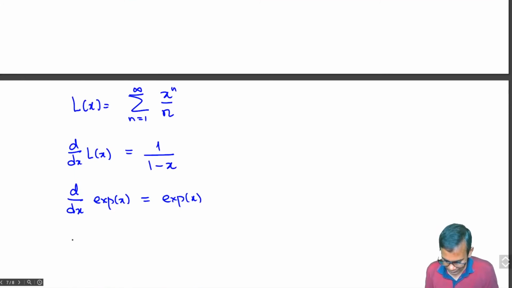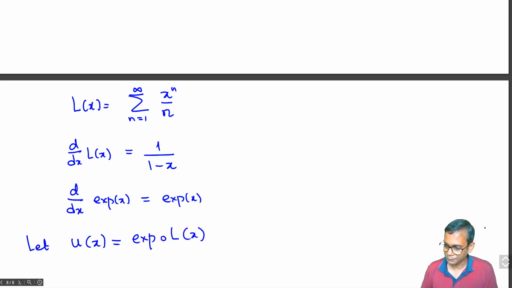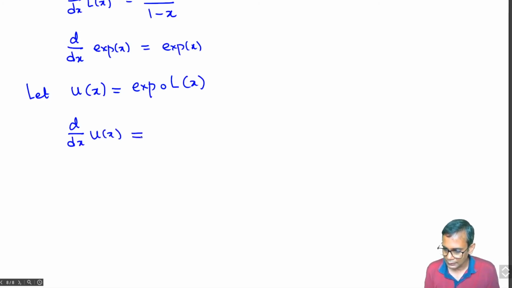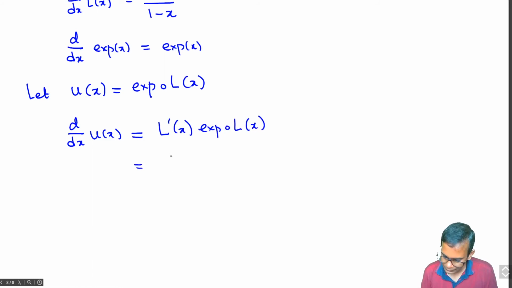So these are easy to check, and we have the chain rule and so on. So let's define u(x) to be exp circle L of x, and let's differentiate. d/dx of u(x) is equal to L'(x) times exp circle L of x, but that is 1 over 1 minus x times u(x).